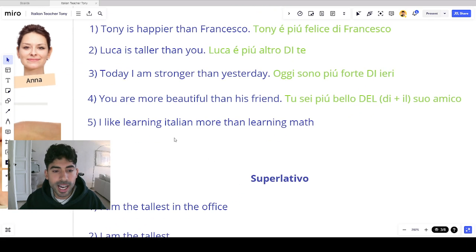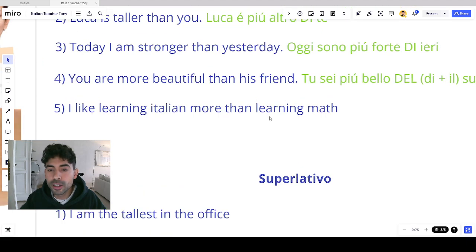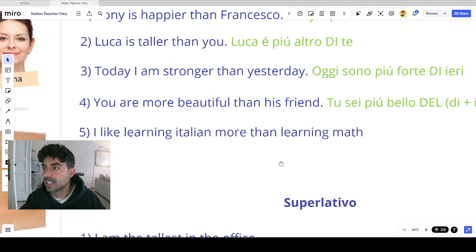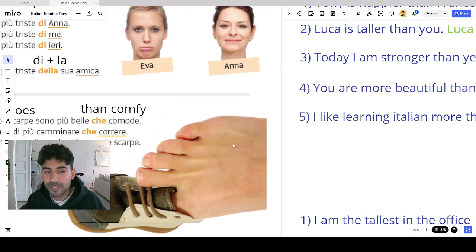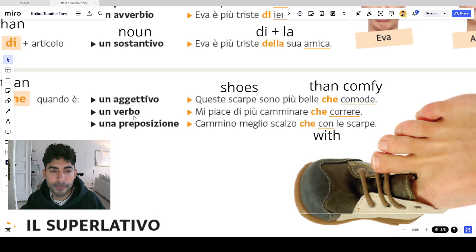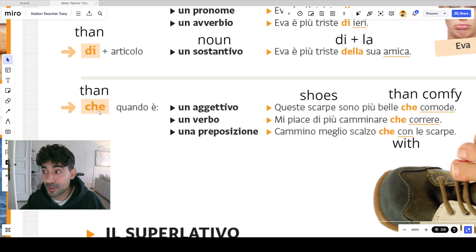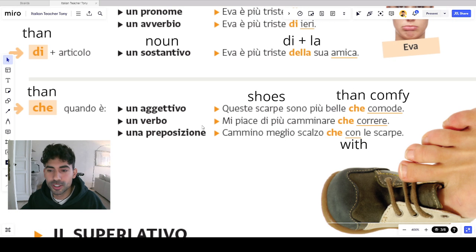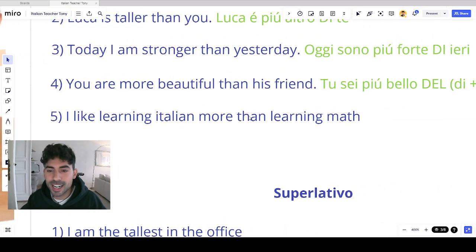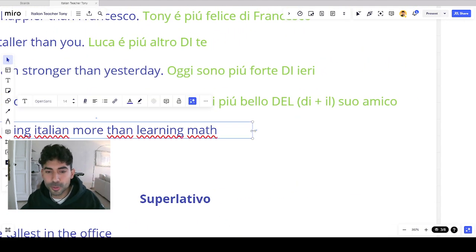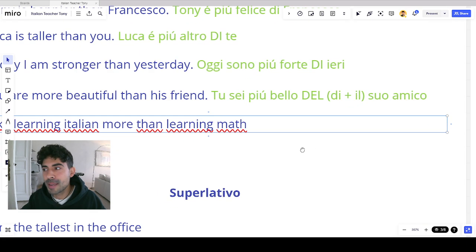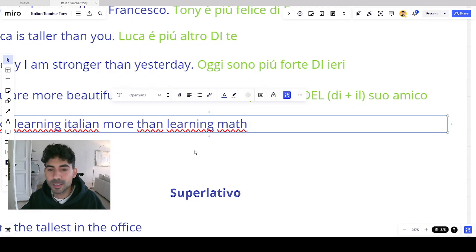The last one is "I like learning Italian more than learning mathematics." So what we are comparing here is learning with learning. And this should ring a bell, because when we are comparing with a verb, we will have to use che for the translation of "than." So notice that "than learning" should flag something in your head and say, okay, maybe "than" will have to be translated with che.